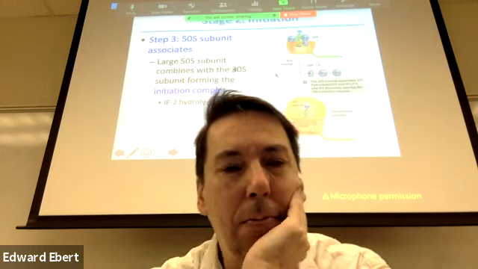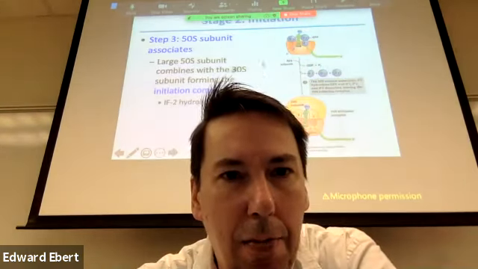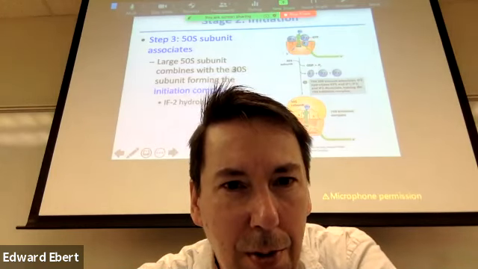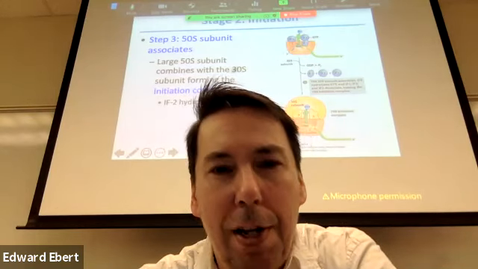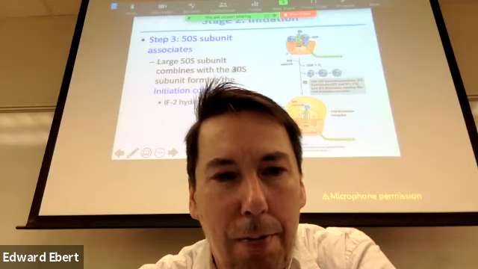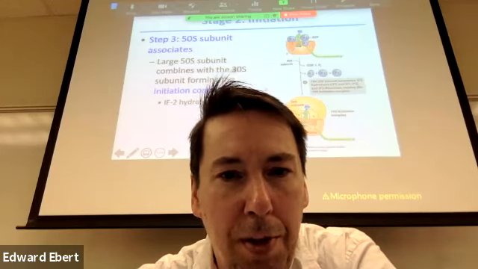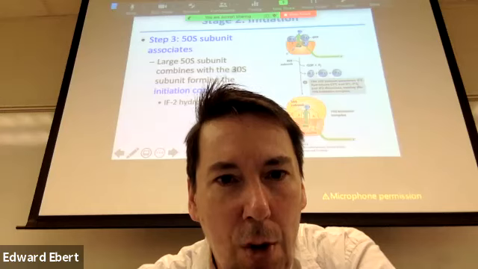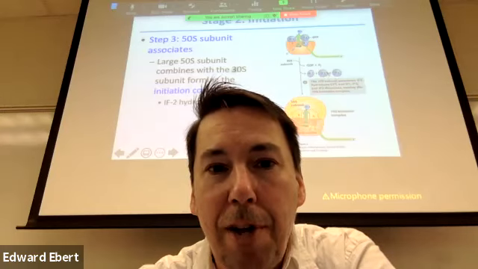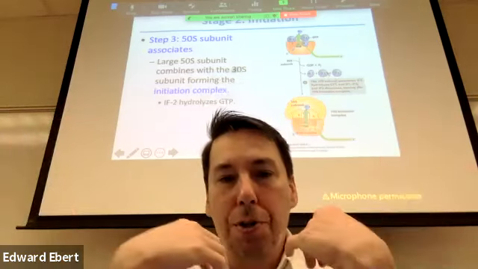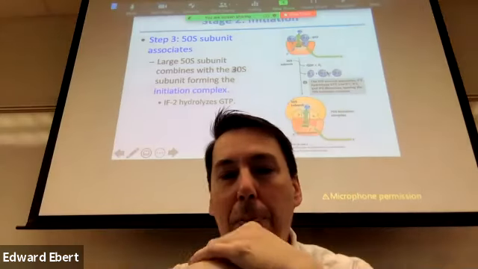Okay. All right. So now our second part, we have IF1, IF2, IF3, and our tRNA with our formyl methionine in there. We will dissociate our initiation factors and allow the large subunit to come in and clamp down over top of that.